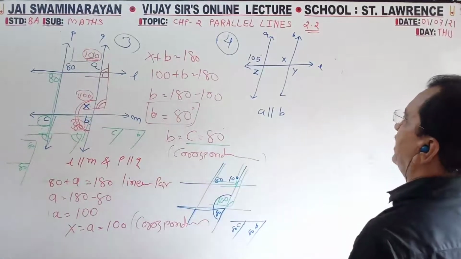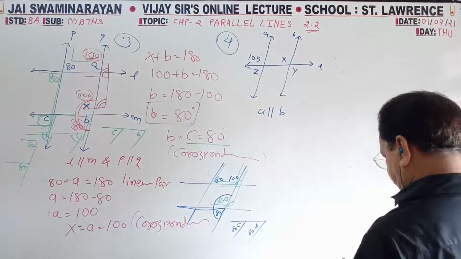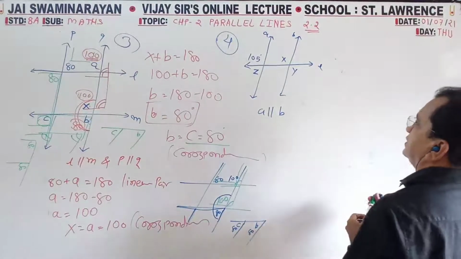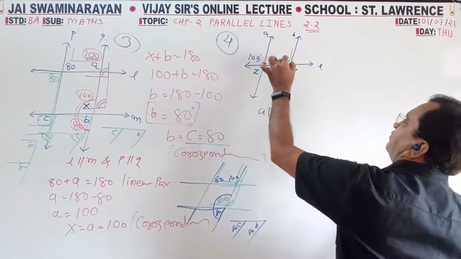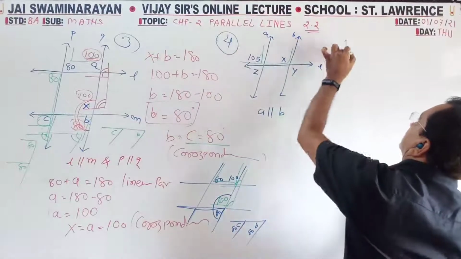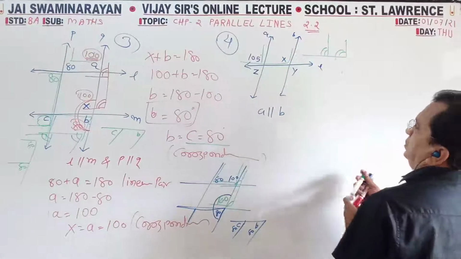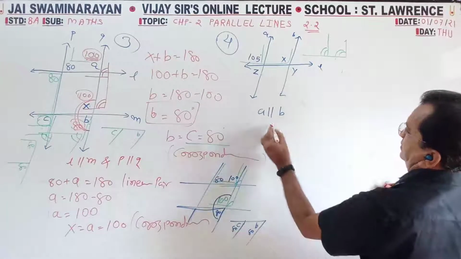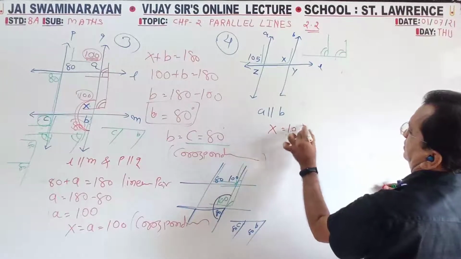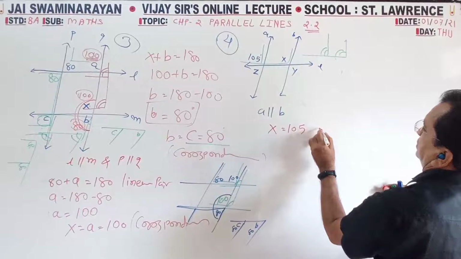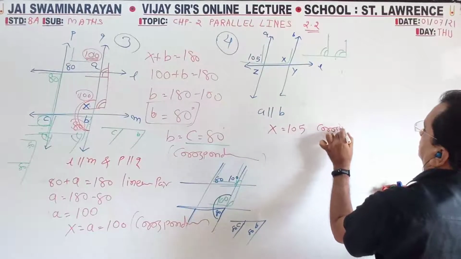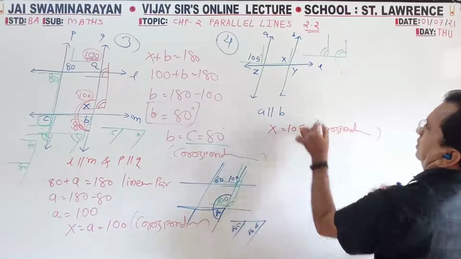See, 105 and X both are F, you can see F. So this is equal to this. So X is equal to 105 because corresponding.